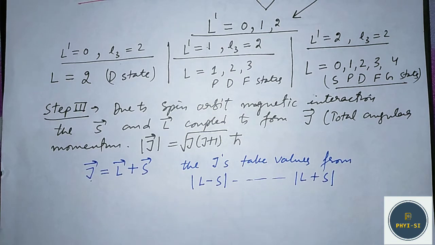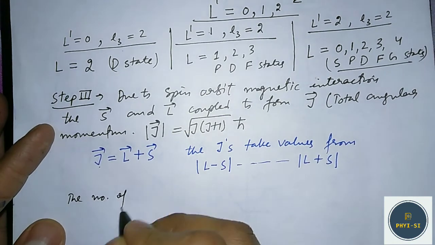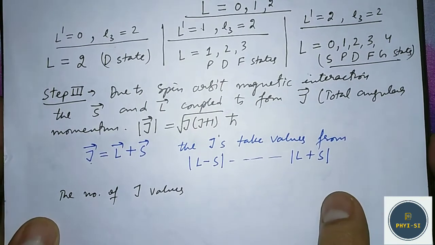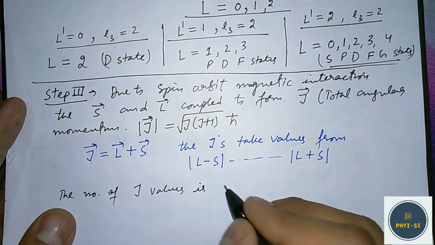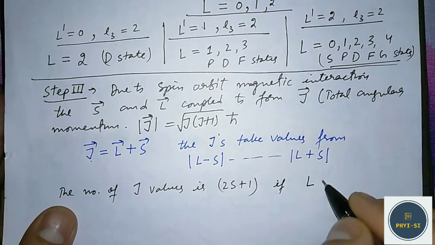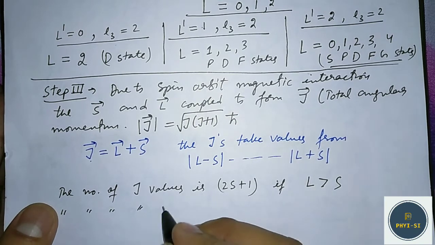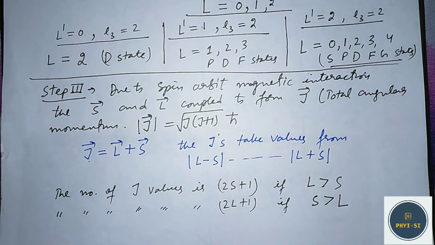The number of J values is 2S plus 1 if L is greater than S, and the number of J values is 2L plus 1 if S is greater than L. It means that due to spin orbit magnetic interaction, a level characterized by a given value of L and S is further broken up into comparatively closer 2S plus 1 or 2L plus 1 levels.